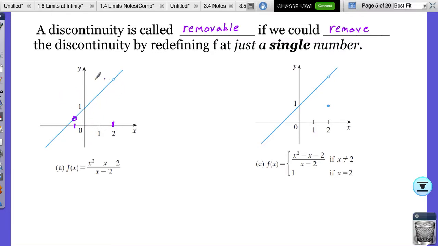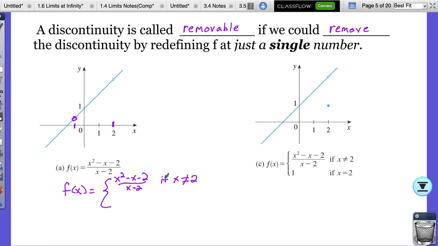All right, so I could actually rewrite this function to fix the continuity issue. We'll turn it into a piecewise function, and we'll use x squared minus x minus 2 over x minus 2, but we're only going to use that piece if x is not 2.